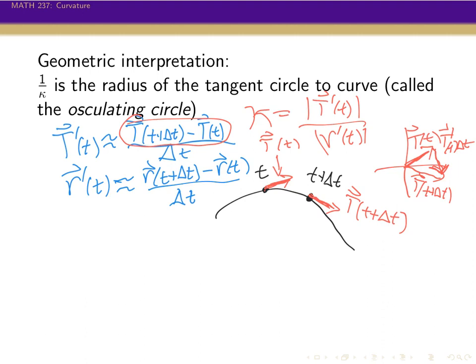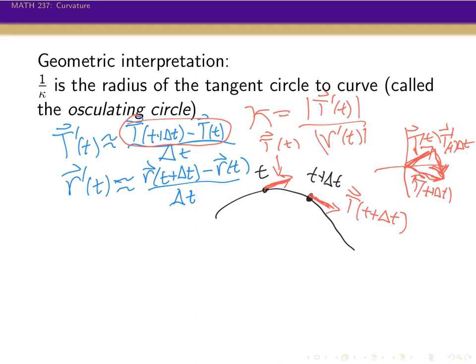And this also gives me a little triangle right here. In fact, it's an isosceles triangle because these two sides are both length 1, and T prime of t gives me the length of this side right there.